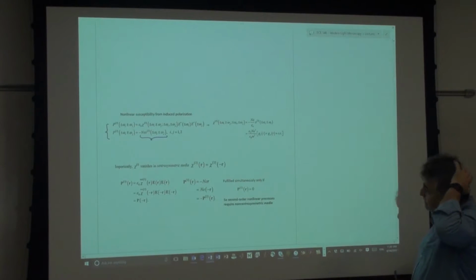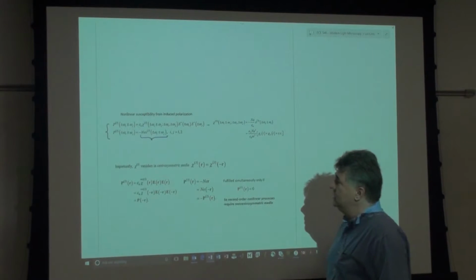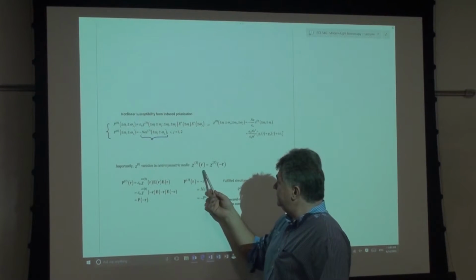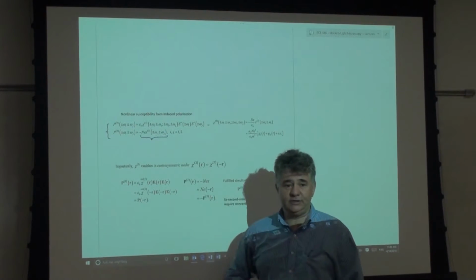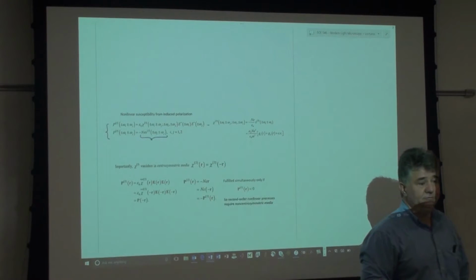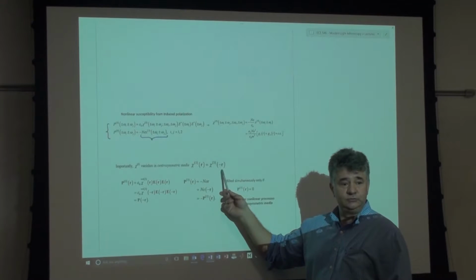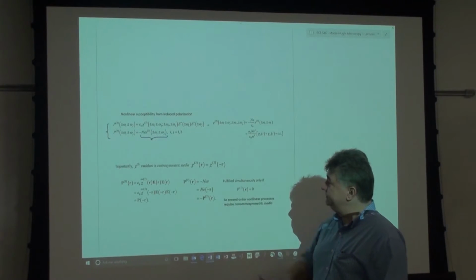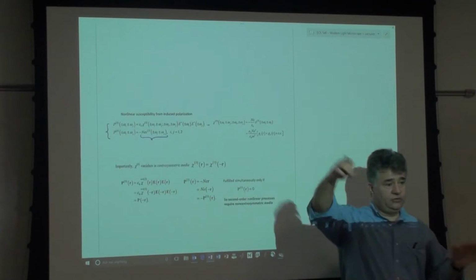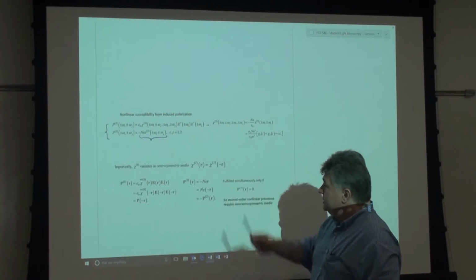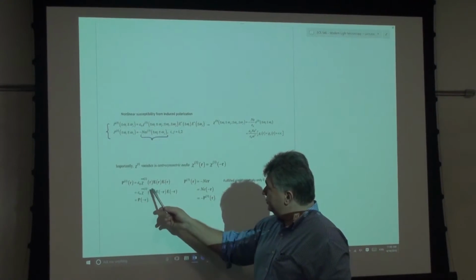So here's something very interesting. If you have a chi2 that is centrosymmetric, so you have a material that has centrosymmetric symmetry, meaning chi2 of R equals chi2 of minus R. Let's see what happens. Right? So if you reverse it through the origin, the molecule looks the same. Okay, that's what it means. So P2 equals epsilon naught chi2 EE.